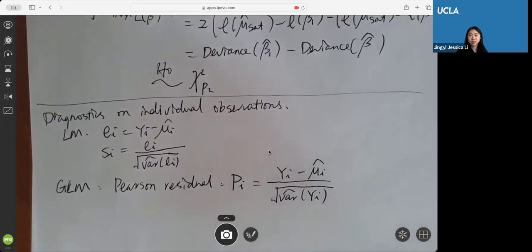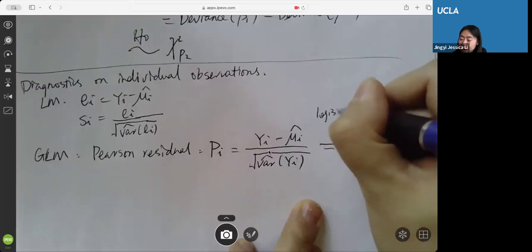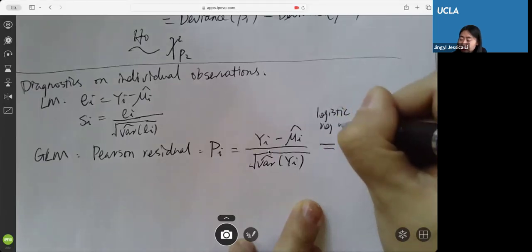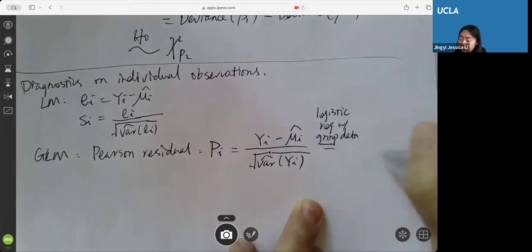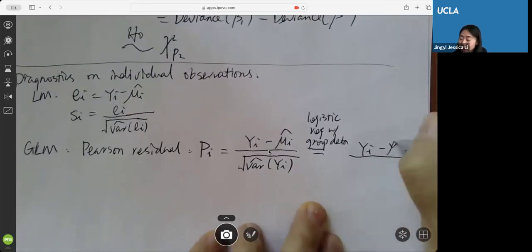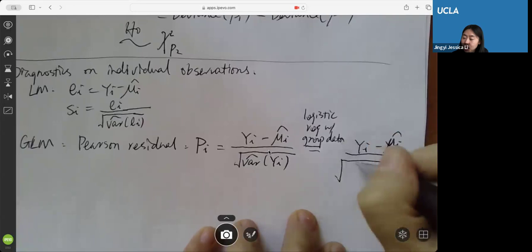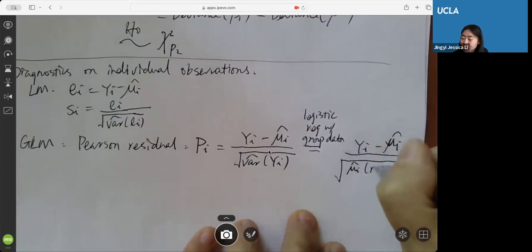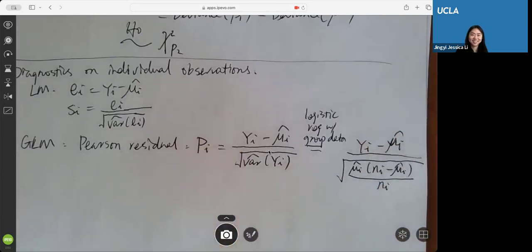That's it. We are standardizing by the variance of yi, but the variance involves unknown parameters, so we put hats. Specifically, if we again think about logistic regression with group data, we have yi minus mu i hat, and the denominator would be the square root of mu i hat times (ni minus mu i hat) divided by ni. That's it.